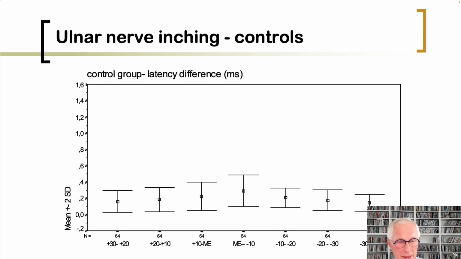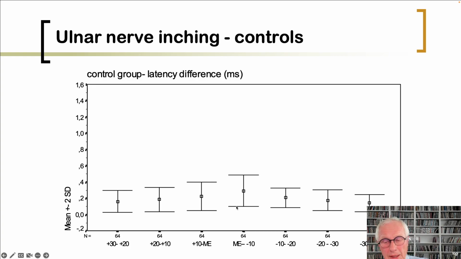When we look at the reference values, this is from 64 elbows, and you can see that the latency here is on the average 0.2 milliseconds. But when we come to the segment just above the medial epicondyle, it's a little longer here.